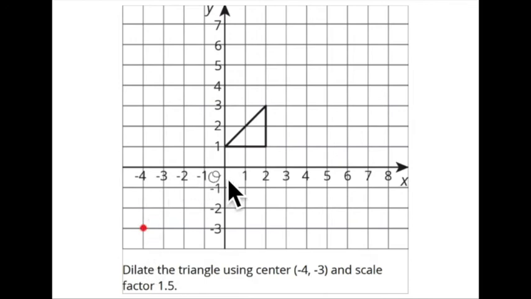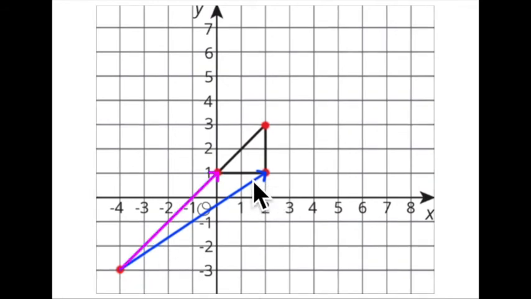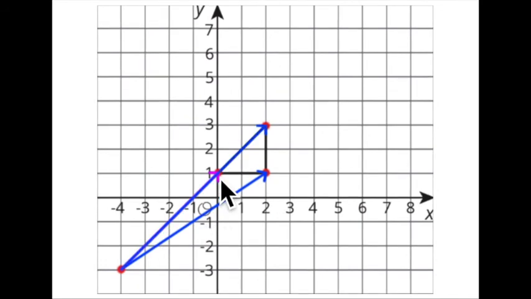I'm going to show you one way to do this, and then I'm going to show you another way. So 3 halves is the same, by the way, as 1 5/10, or 1 1/2. Okay, so the first point is from the center of dilation to this vertex. Then another point is from the center of dilation to this vertex. And the last one, the center of dilation to this vertex.